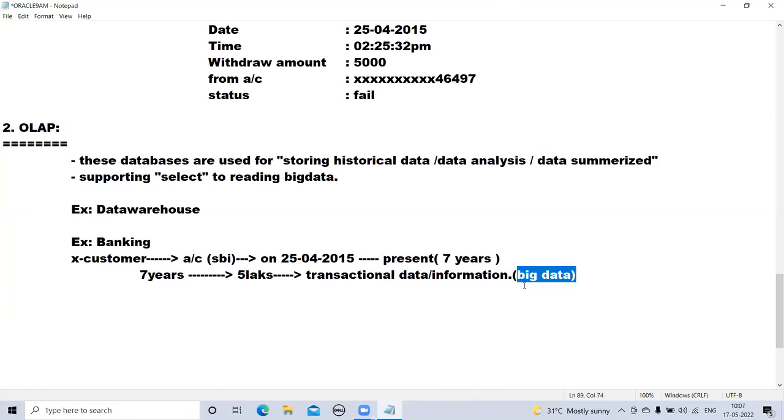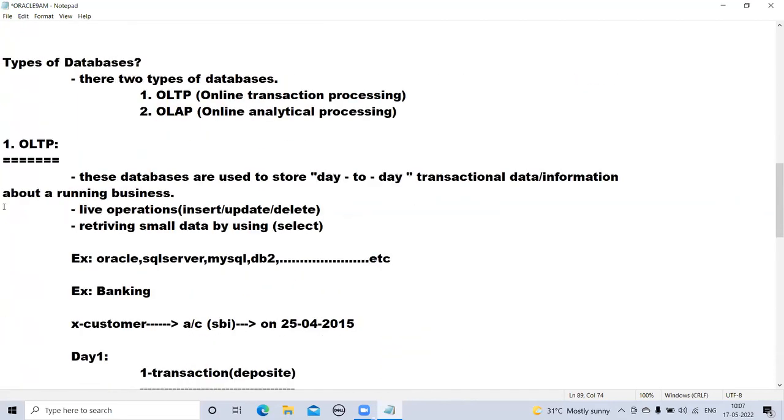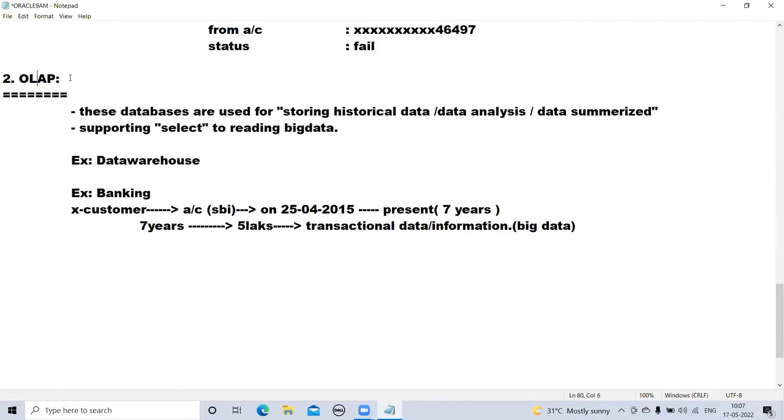Is it terabytes, petabytes, exabytes, zettabytes, yottabytes of data? What is the capacity of OLAP, and what is the capacity of OLTP? If the data is full, what will happen?